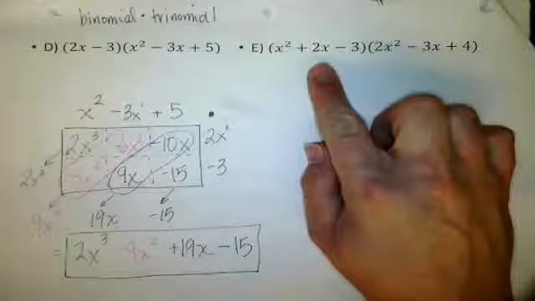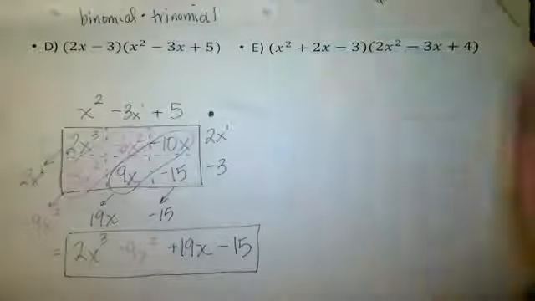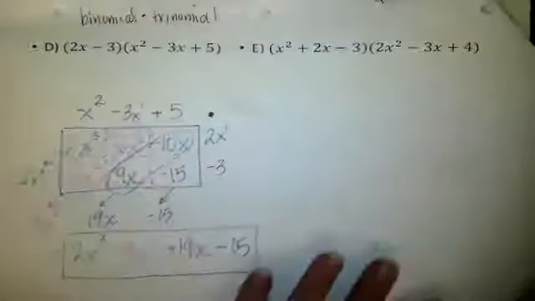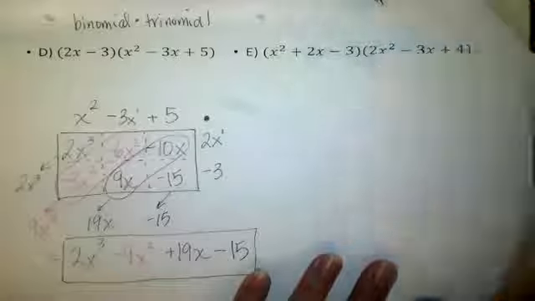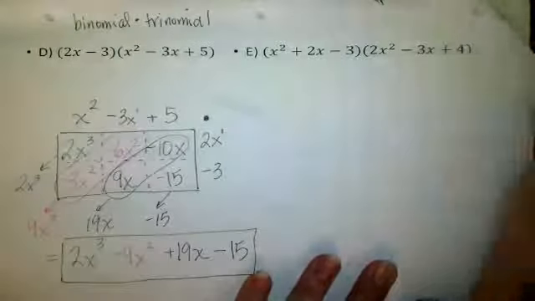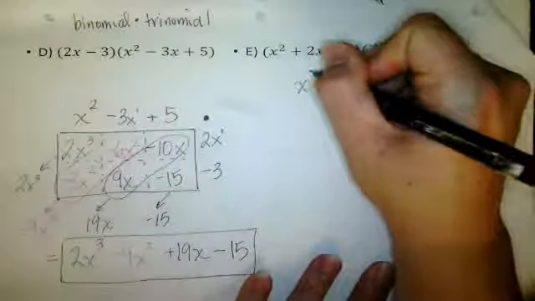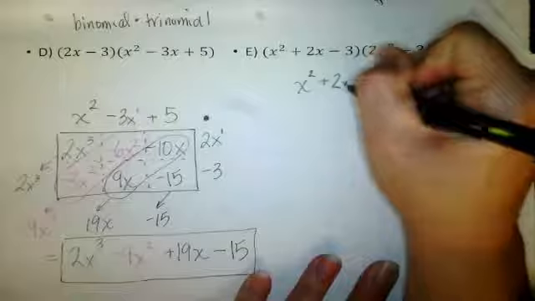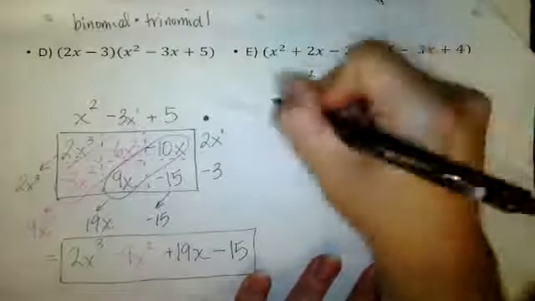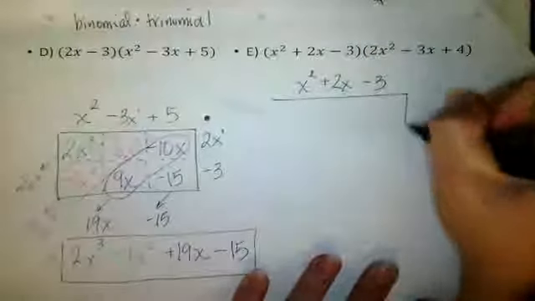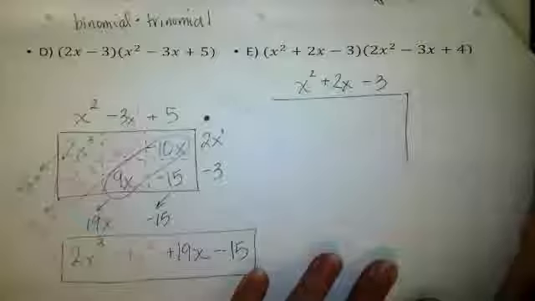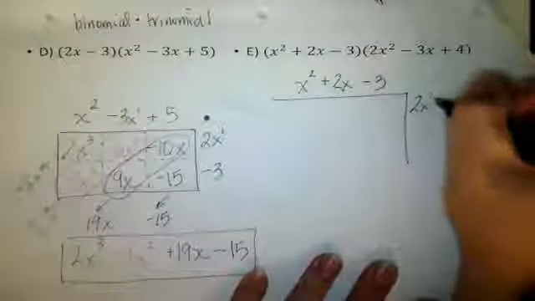All right, I'm going to do it again here. This is a trinomial times a trinomial. And again, I just really like the box method because it keeps things nice and neat. So I'm going to write one of my trinomials along the top of a box and the other trinomial along the side. So I have a 2x squared.